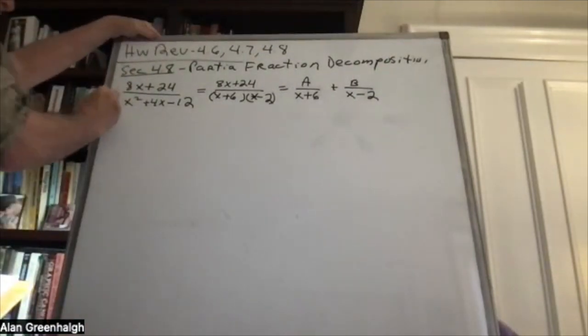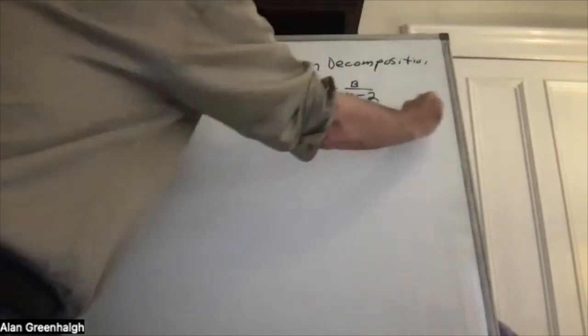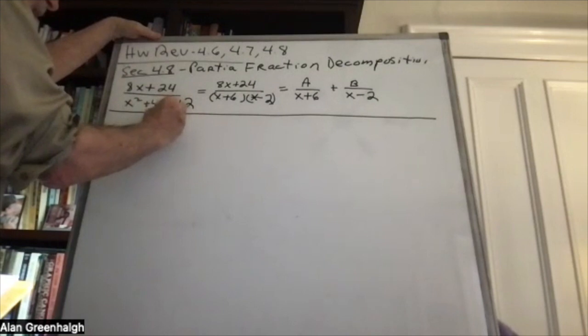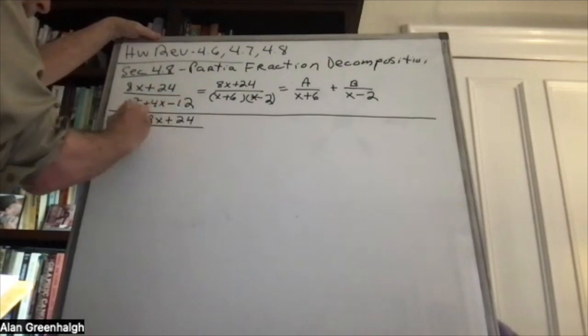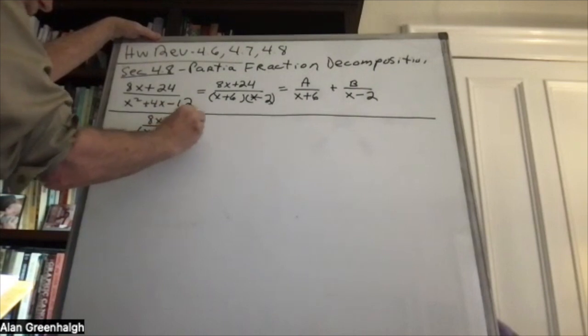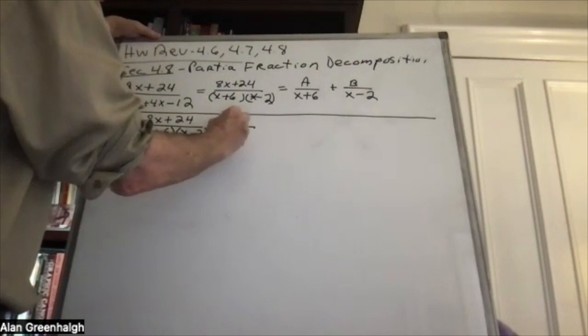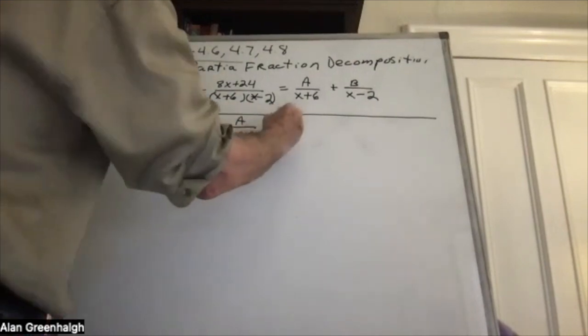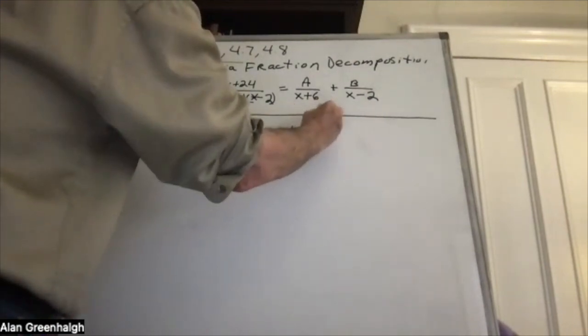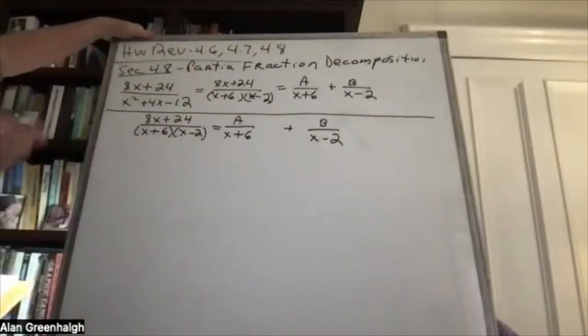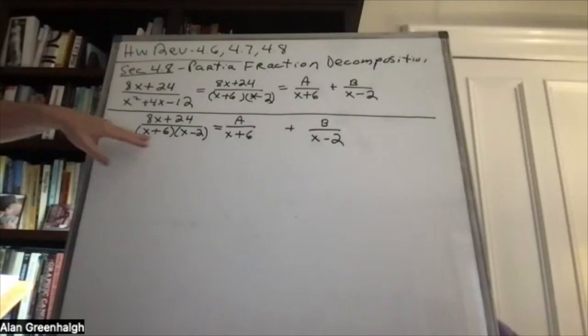And the next step in this problem is to take this part of the problem. I'm going to spread out a little bit here so I have room, because the next step is to get rid of all the denominators.